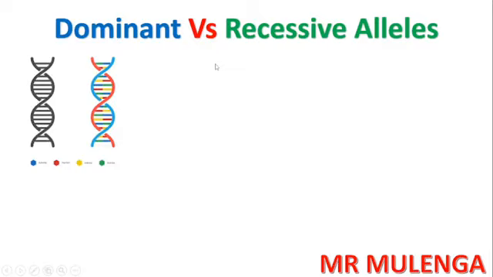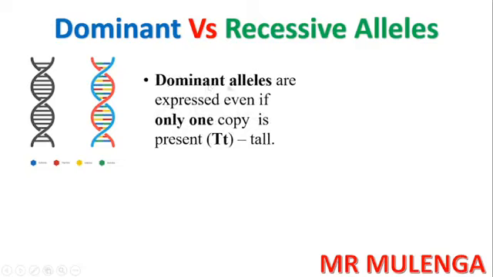Dominant alleles are alleles which are expressed even if only one copy is present. For example, you can have heterozygous alleles.